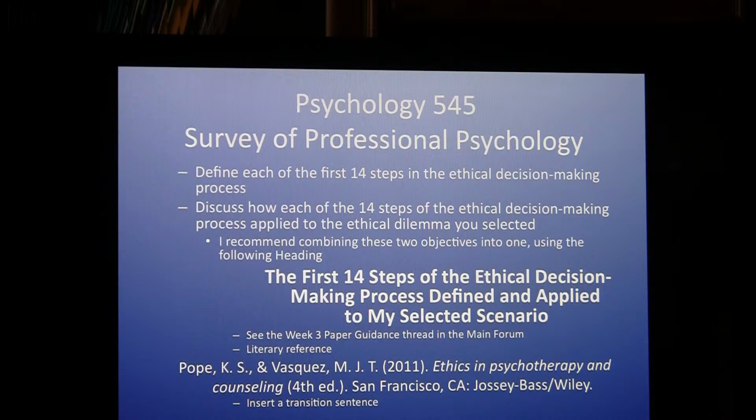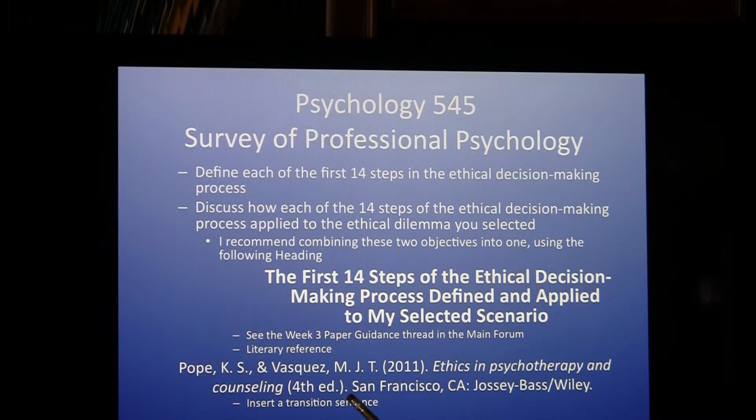Remember that you're going to need a literary reference, and the literary reference for these particular 2 main points is the text. And as a reminder about how to do an end-of-work reference, you put the last name, comma, then the initials, and in this case, because there are 2 authors, we use an ampersand, last name, initials, the year of publication, with a period, and then we put the title, Ethics in Psychotherapy and Counseling, and notice that the Ethics in Psychotherapy and Counseling is italicized, and that only ethics is capitalized.